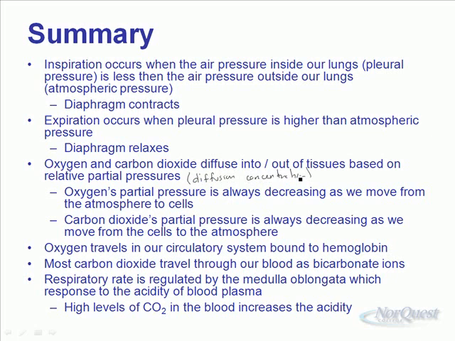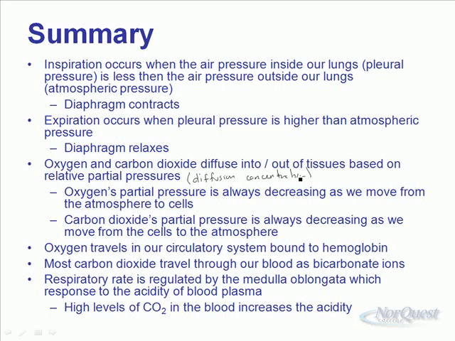We're using it up all the time. The concentration of carbon dioxide inside of our tissues is always high. We're producing it all the time. So oxygen's partial pressure is always decreasing as we move from the atmosphere to our body cells. For carbon dioxide, the partial pressure is always decreasing as we move from our cells out to the atmosphere.